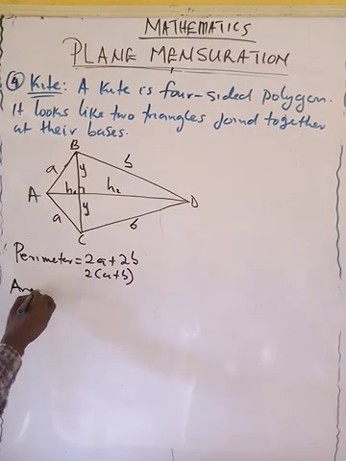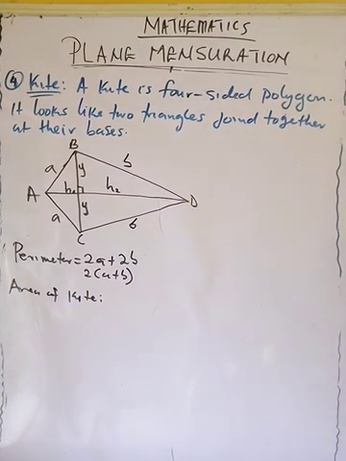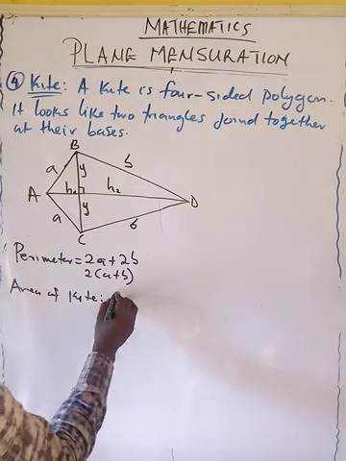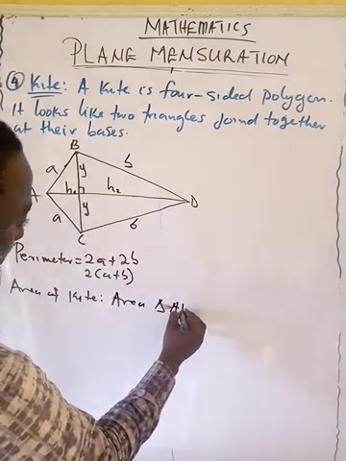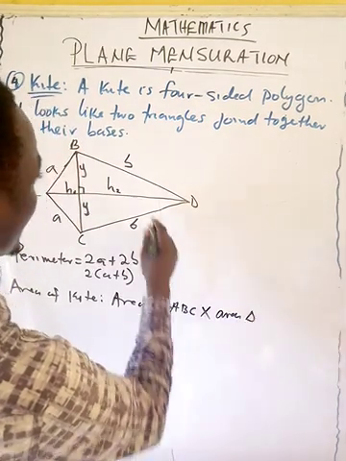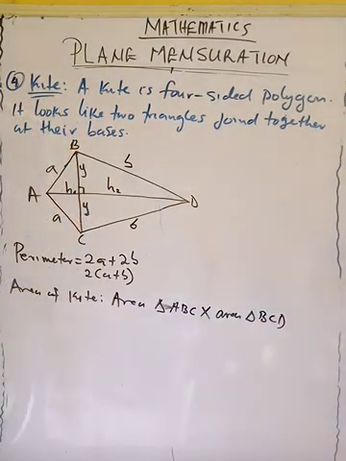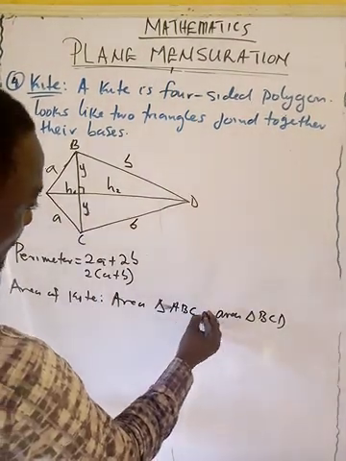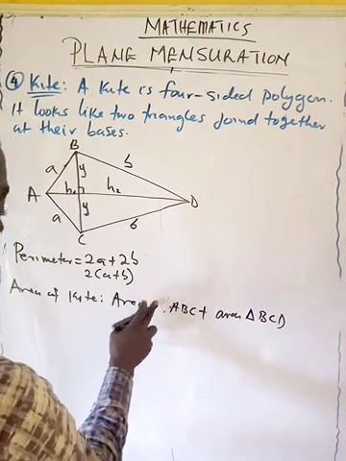So what of area? Area of a kite. To calculate the area of a kite, what we do is we calculate the area of triangle ABC plus the area of triangle BCD.